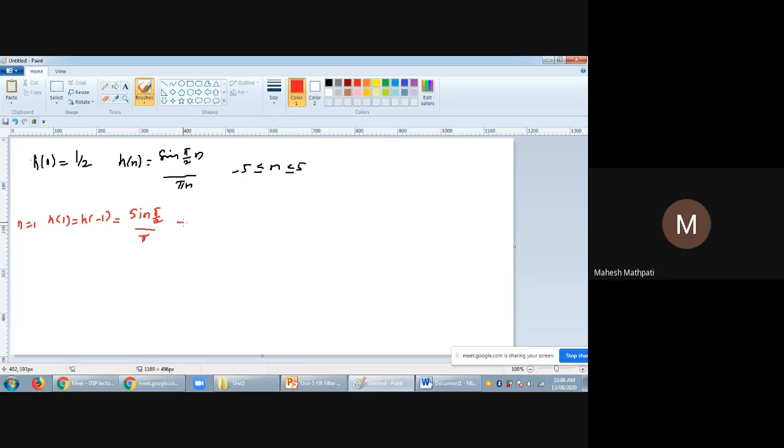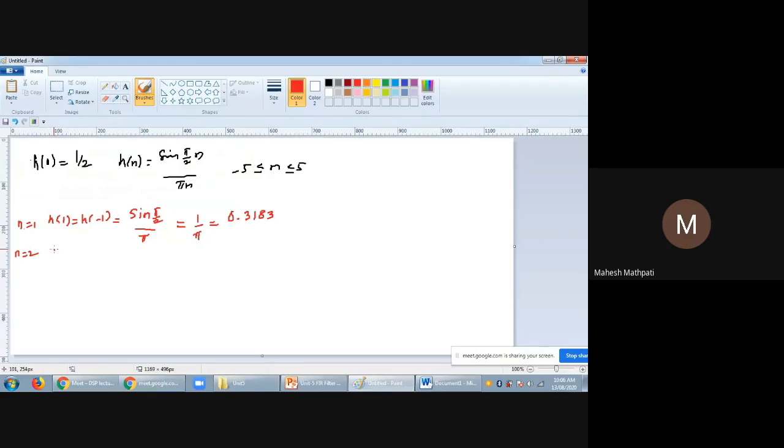So what is its value? One by pi. It is 1 by pi, or simply 0.3183.